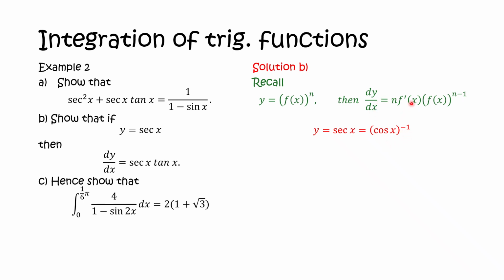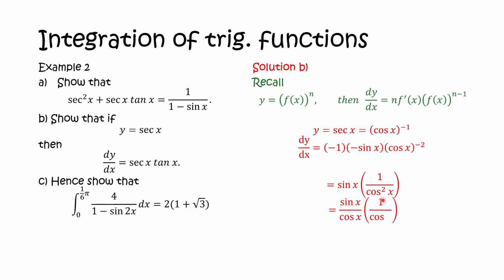So plugging this into the dy dx formula above, we would then get our dy dx being the minus 1, which is the n, times the minus sine x, which was the derivative of the f of x, and the cos x, which was the f of x, to the power minus 2, or minus 1 minus 1. And then simplifying that, we would get sine x times 1 over cos squared x.